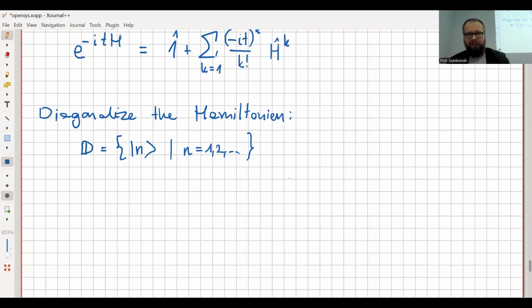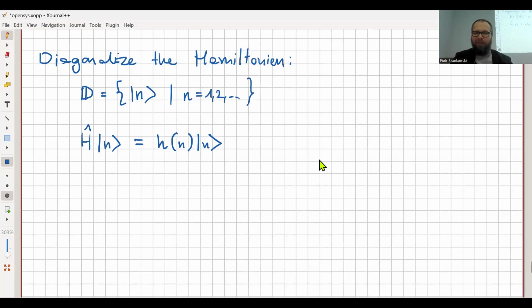And those kets are such that when the Hamiltonian acts on such a ket, you get a number, which I will write with small h, of n, times the ket n, right? That's the definition of eigenvector and eigenvalue of the Hamiltonian.